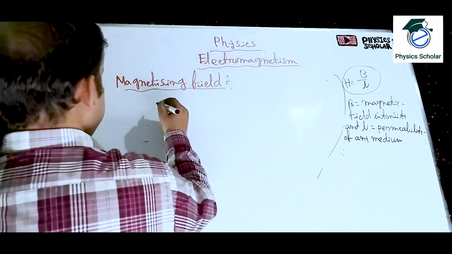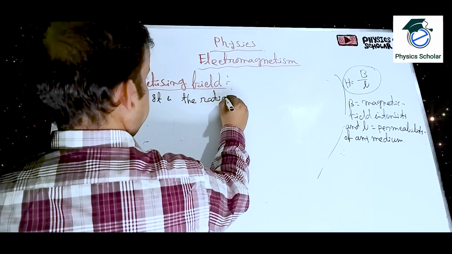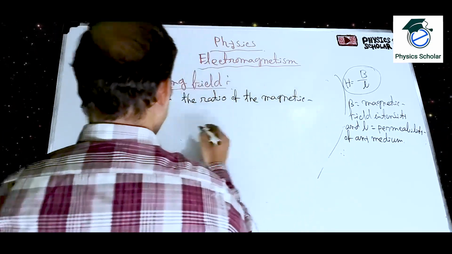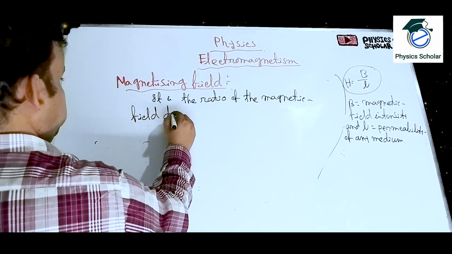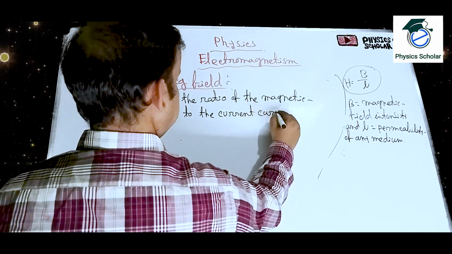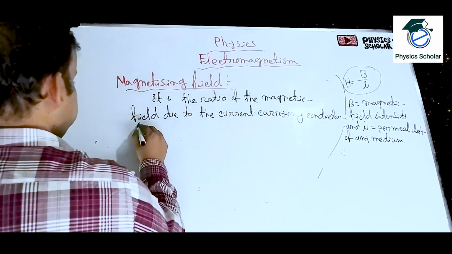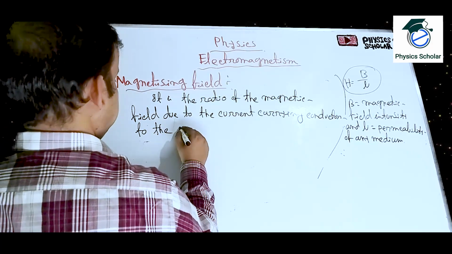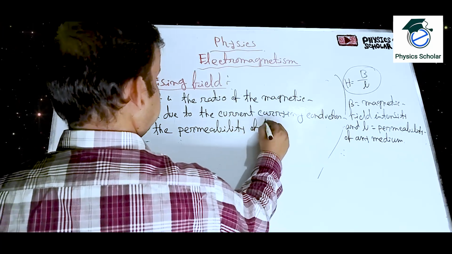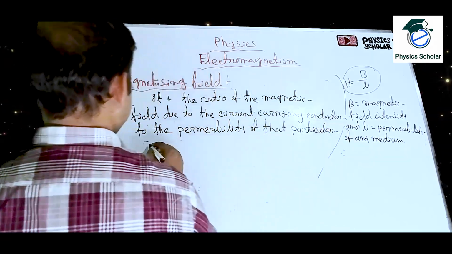It is the ratio of the magnetic field due to the current carrying conductor to the permeability of that particular medium.